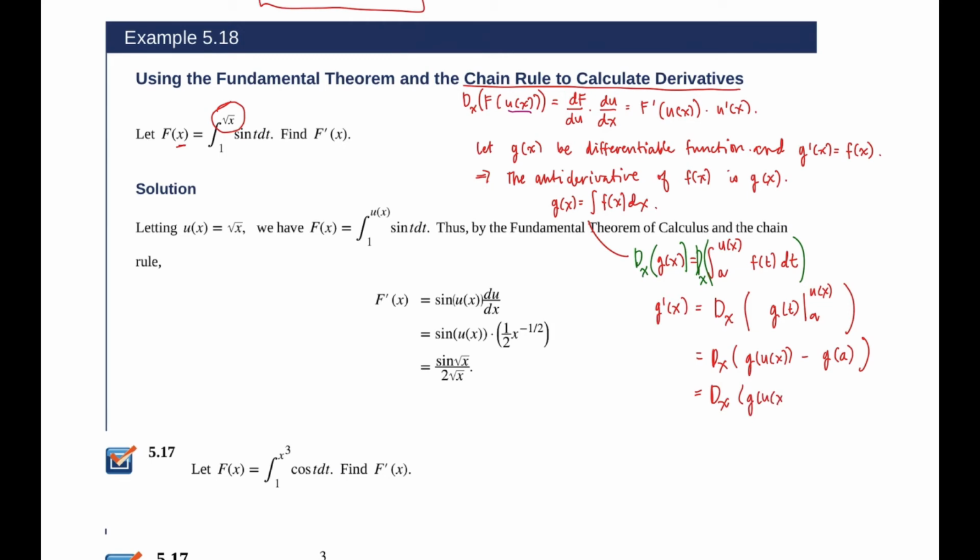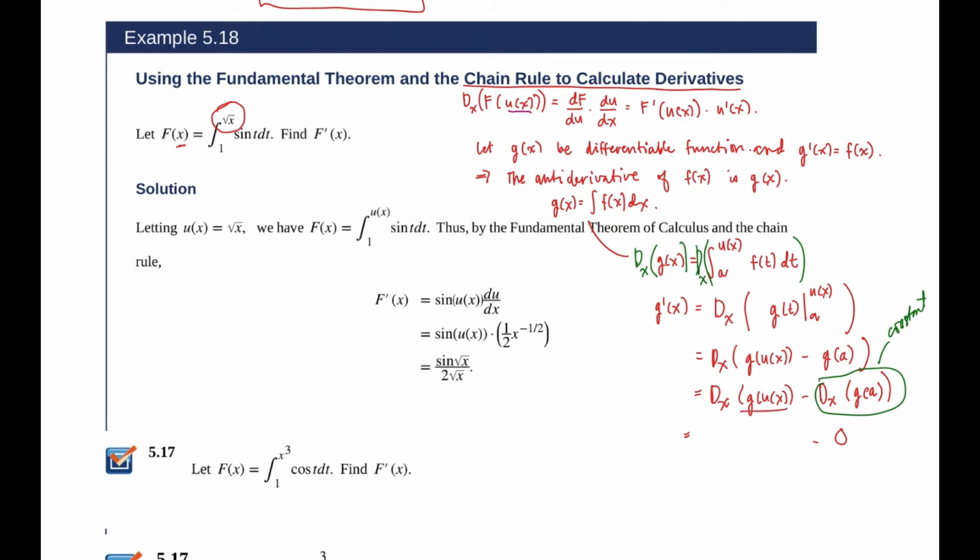This is the derivative of g of u of x minus the derivative of g of a. Now g of a is a constant, so the derivative of that is 0.